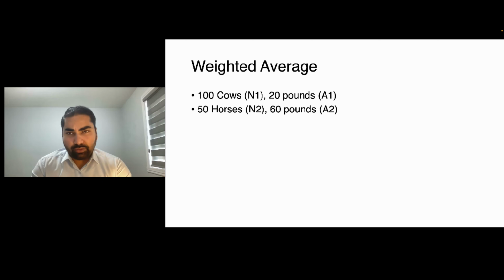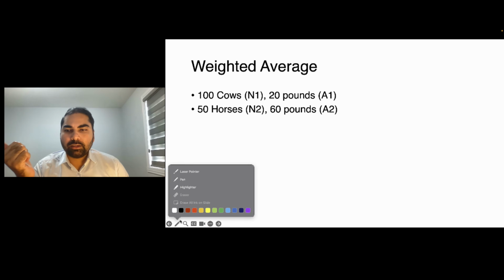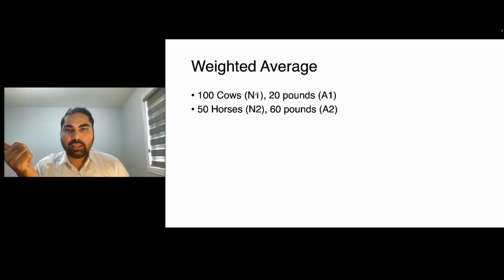So, I have this example here. Imagine you have 100 cows and each cow weighs 20 pounds. Just imaginary, I don't think you'll find a cow weighing 20 pounds. But you have 50 horses which weigh 60 pounds. The notation here is: this is N1, this is A1, this is N2, and this is A2.